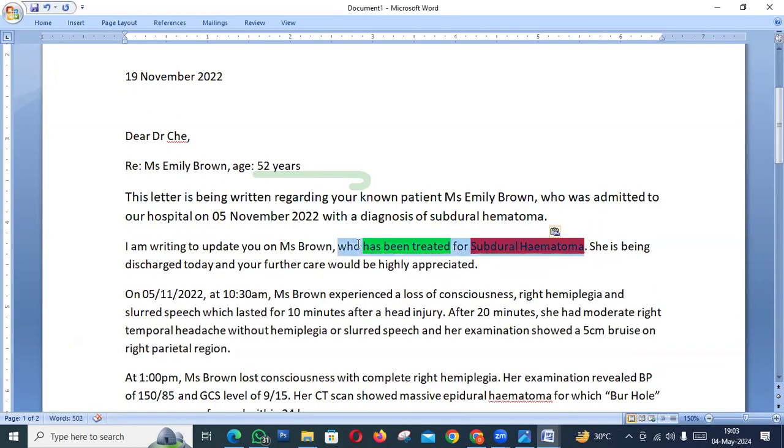And here we have just 16 words. It's almost double. Yes or no? Yes, sir. This is conciseness, okay? The same message: I am writing to update you on Miss Brown, who has been treated for subdural hematoma. Okay? Subdural hematoma, S and H should be small. So the same thing you are writing in 28 words. So this is conciseness, okay?